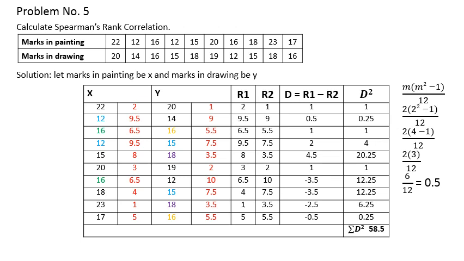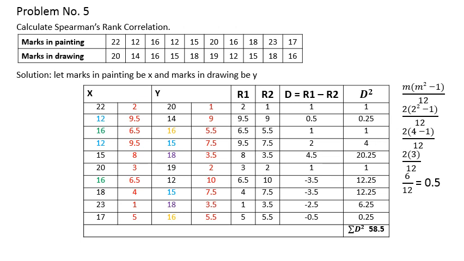Marks in drawing: 20, 14, 16, 15, 18, 19, 12, 15, 18 and 16. You can see here the values are repeating in both sets of values or variables. So you have to solve this using Spearman's rank correlation in case of repeated ranks.